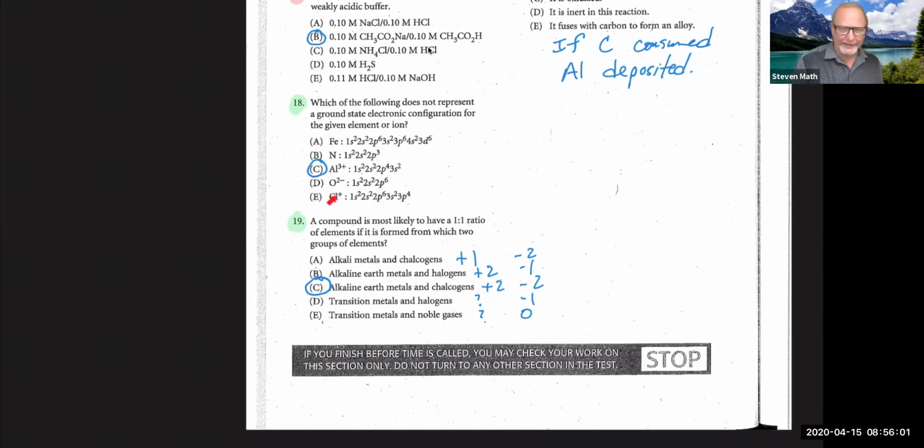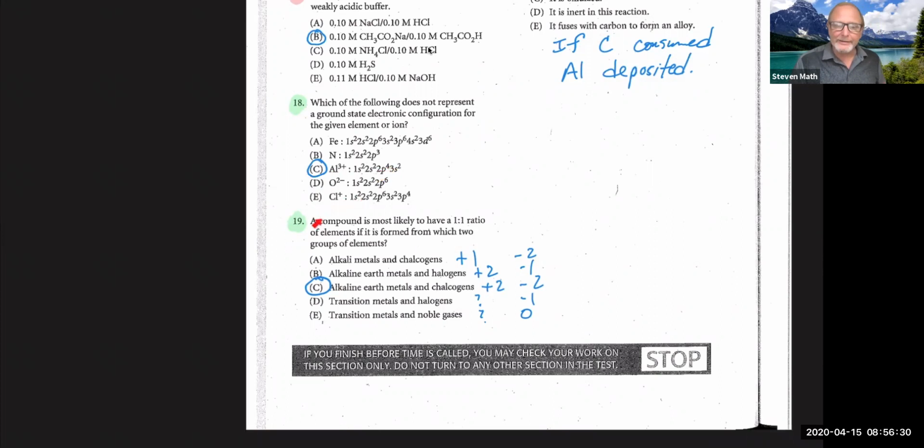It's going to take a lot of energy, but we're going to take a 3p5 and remove an electron. This is still correct. Which one's not correct? Al3+. No, that's not your 3+. You're going to have to take away more, okay? You're going to have to take away both of these 3s2 and end up with a 2p6. This wouldn't be ground state anyway. So good question, easy question. You guys should be finding that one.